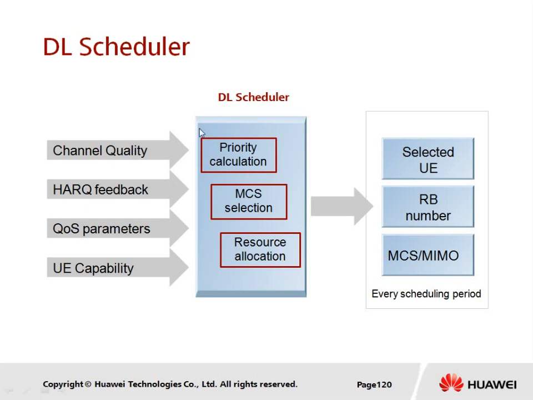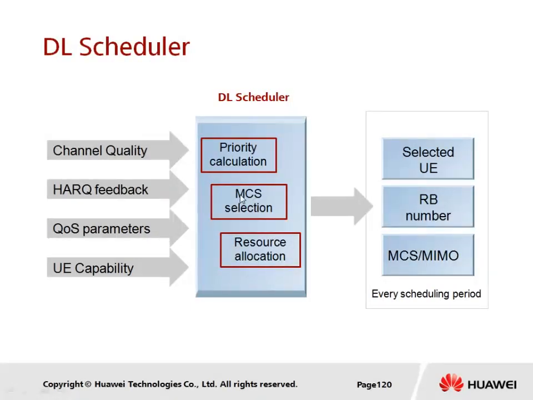So the user feeds back CQI, and the user also has to feed back the HARQ feedback, and the QoS parameters are sent by the core network to the eNodeB regarding the ERAB to be set up and the UE capability. So based on all of this information, the downlink scheduler decides which user is having higher priority or which ERAB is having higher priority, followed by which modulation and coding scheme to be used.